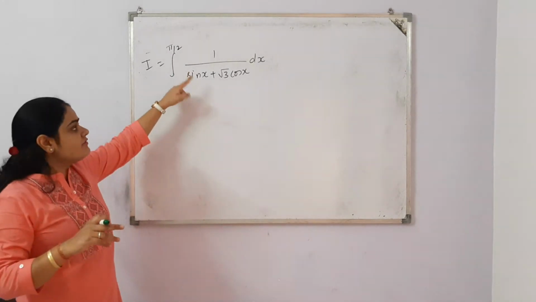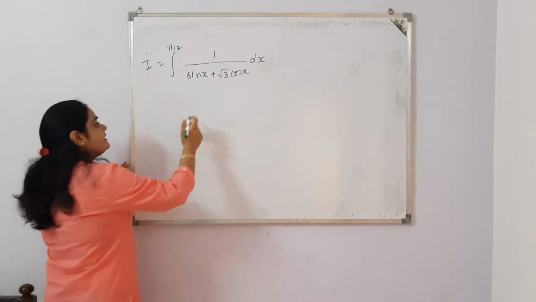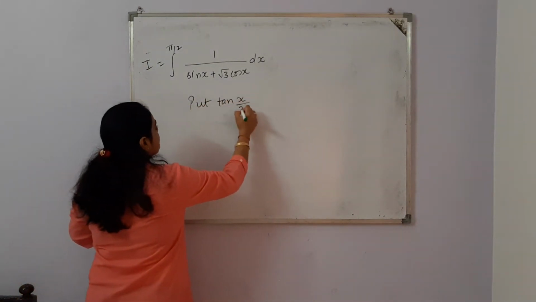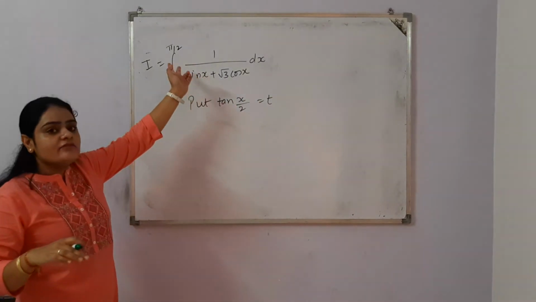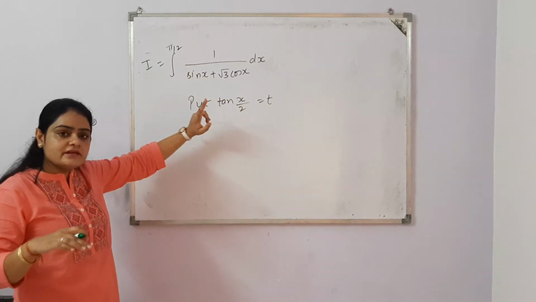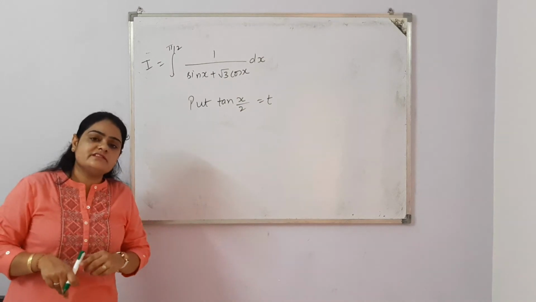Whenever it is in the form of 1 upon a sin x plus b cos x, we need to substitute tan x by 2 equals t, because in this case we change sin x as 2 tan x by 2 upon 1 plus tan square x by 2, and cos x as 1 minus tan square x by 2 upon 1 plus tan square x by 2.